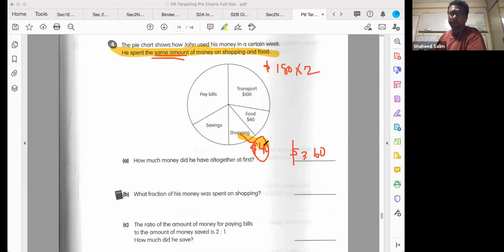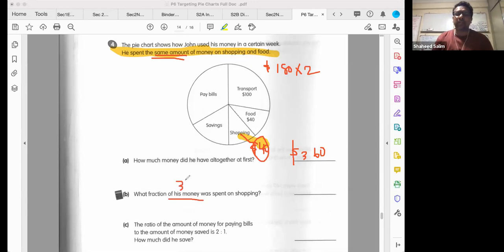Very easy. Come on. Very simple. What fraction of his money?